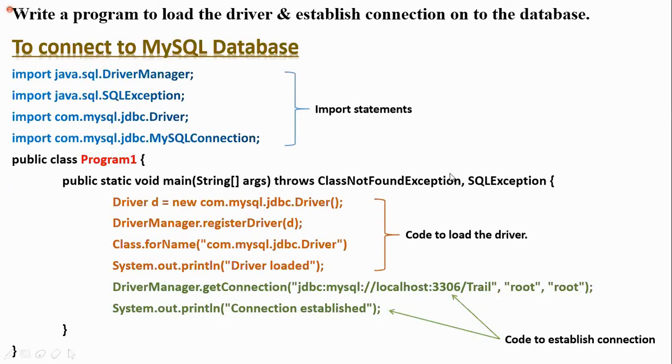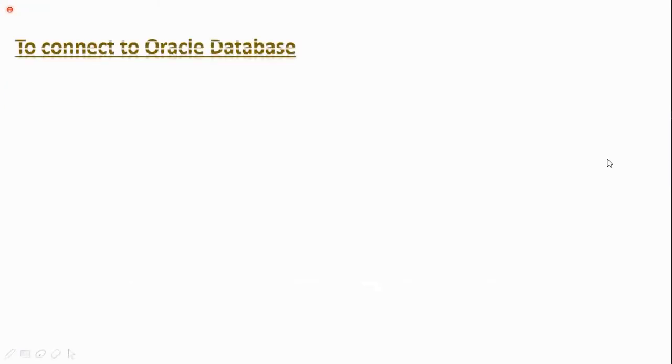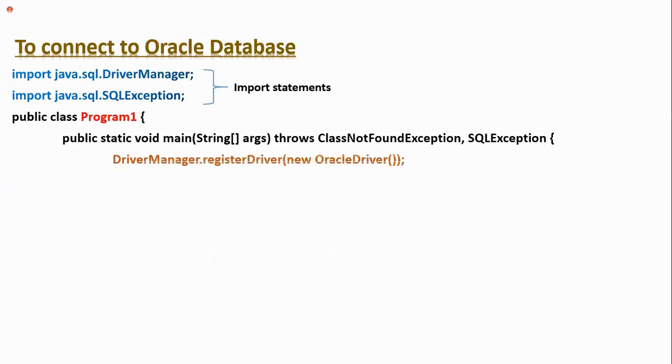Okay, let us proceed ahead. This was with respect to MySQL database. Now, the same with respect to Oracle database, how do we do it is what we have to see. Now, everybody notice the things. To connect Oracle database, what should we do? We have to perform these set of codes. Firstly, I will tell DriverManager.registerDriver, new OracleDriver.